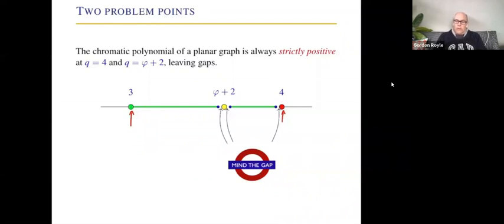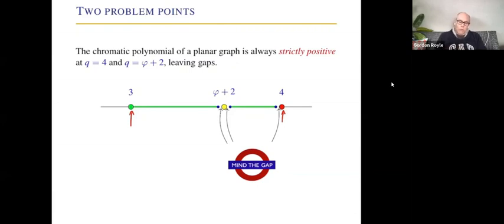We also showed that the chromatic polynomial of a planar graph is always positive at 5 plus 2. And that means that their technique won't work there either. But everywhere else, it's fine. You can always easily find planar graphs whose chromatic polynomial is negative from 3 all the way up to close to 5 plus 2, and then from close to 5 plus 2 from above up to close to 4.